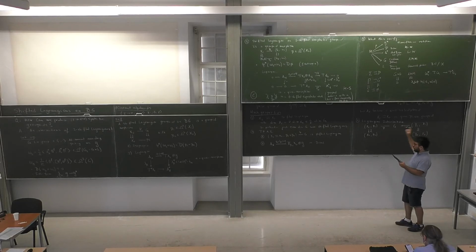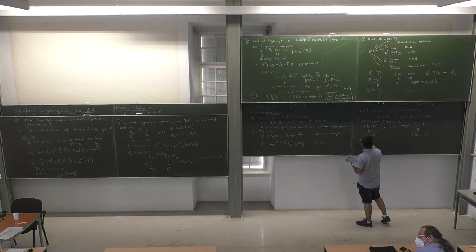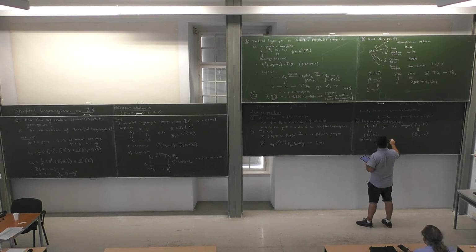So these are two Lagrangians, and assume that these maps are transversal.